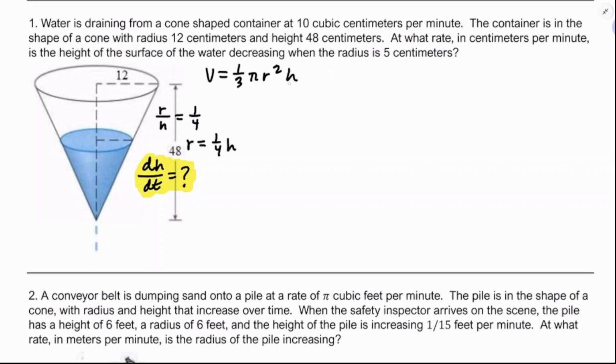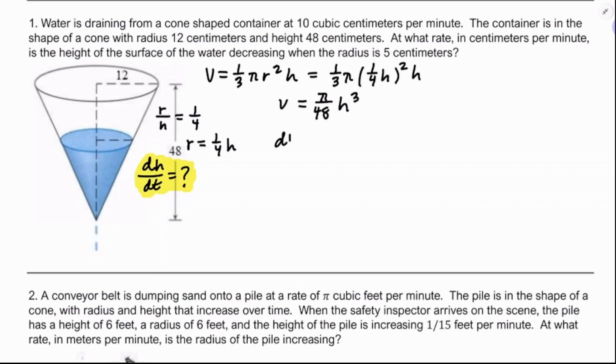And so when I plug in there, that's 1/3 pi. Radius is 1/4 of the height, squared, multiplied by the height. So if I combine this, 1/4 squared is 1/16. I'll have pi, 3 times 16 is 48, and 3 total powers of h.